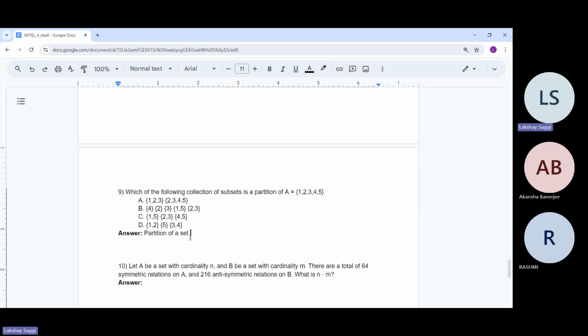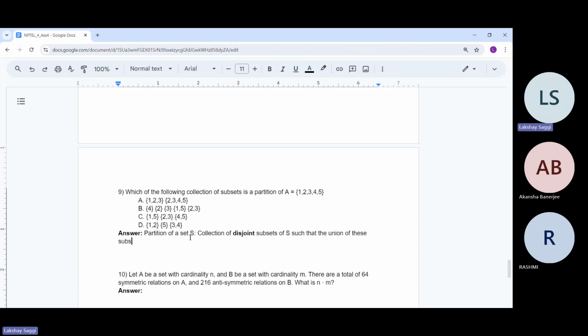A partition of a set S is just a collection of disjoint subsets of S such that the union of these subsets is equal to S. Disjoint is a very important word here. So this is how we define a partition of a set.